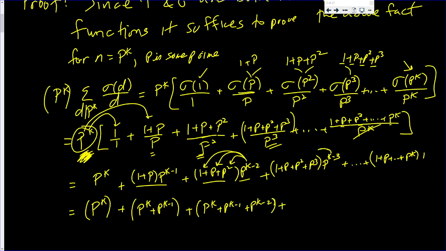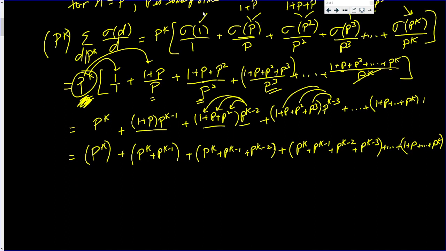Plus, distributing, we get p to the k plus p to the k minus 1 plus p to the k minus 2 plus p to the k minus 3, dot, dot, dot, 1 plus p all the way up to p to the k. Well, what happens here is we only have 1 one time. And how many times do we have the number p? 2 times.